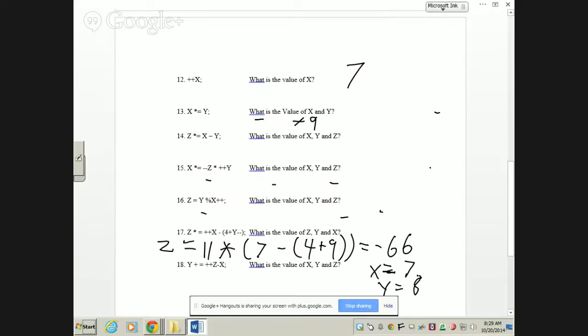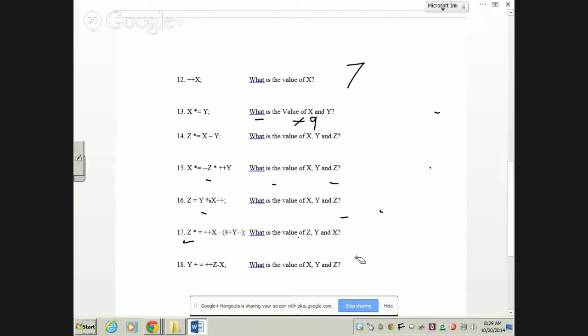Last one. Y plus equals plus x minus x. So y equals itself, which is 9. Then we are incrementing z now, which is 12.